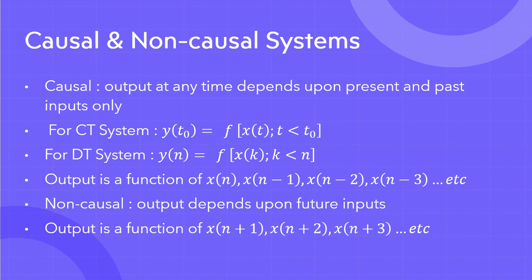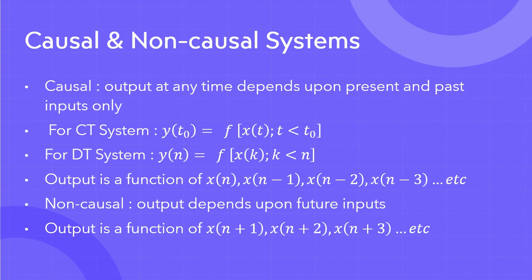Again, there is one more important thing in practical scenarios. Whenever you have to distinguish between causal and non-causal systems, always remember that there is no such non-causal system in practicality, because no system exists whose output depends on the future input, right?